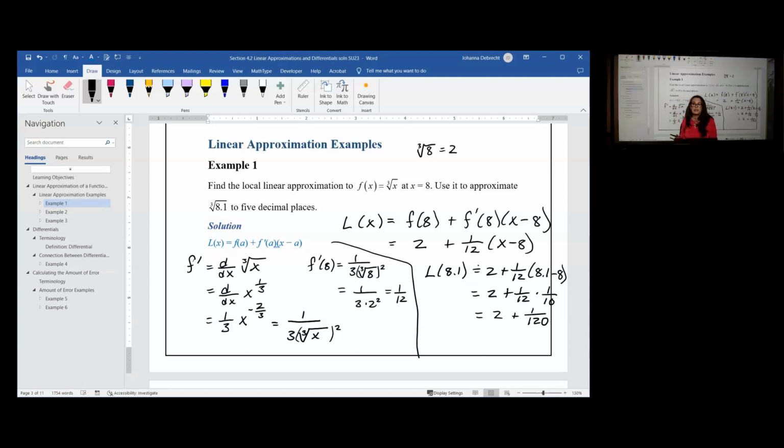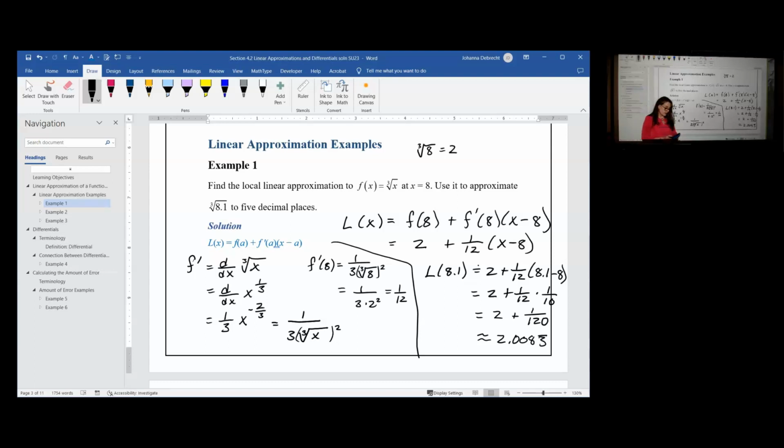When you get a common denominator and work it out, you end up with approximately 2.0083 repeating. Now, what does that tell us? Well, it tells us approximately what the cube root of 8.1 is.